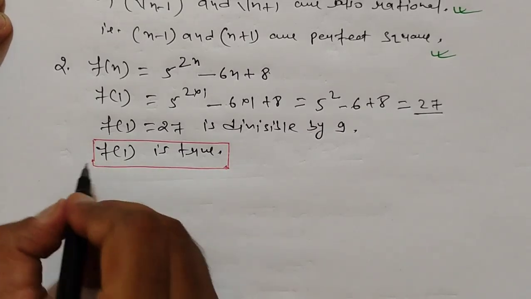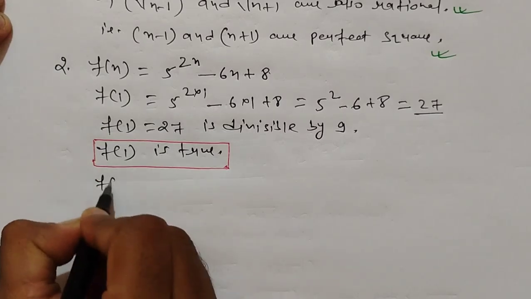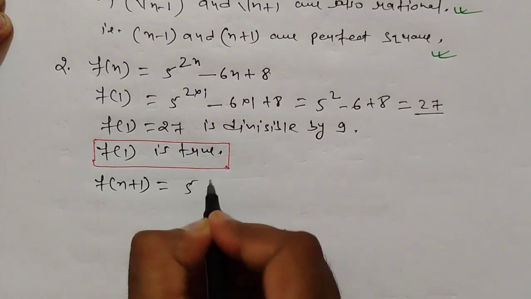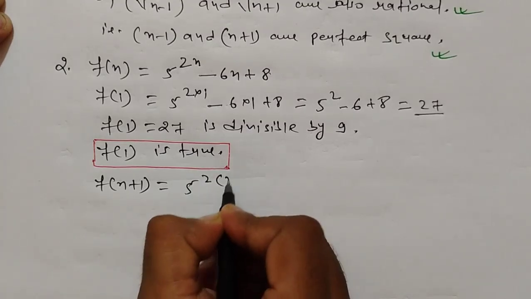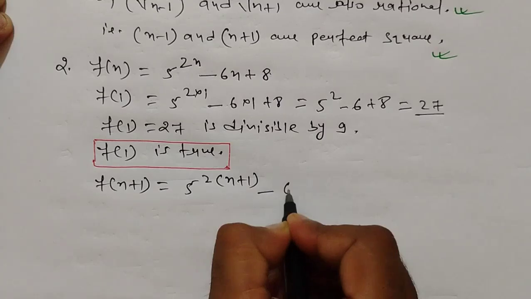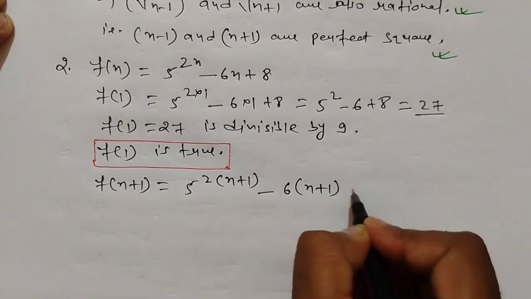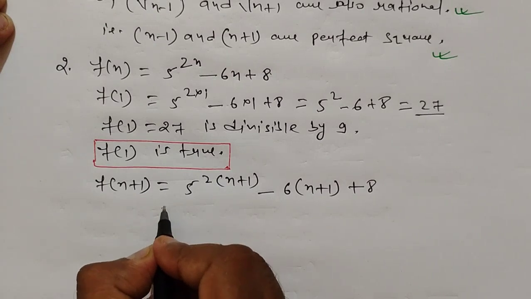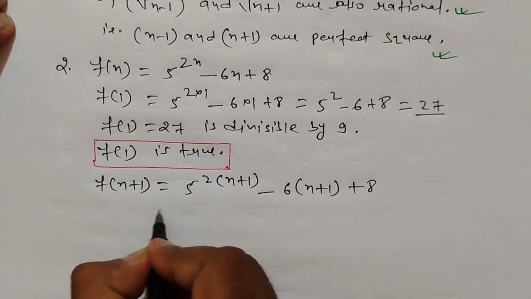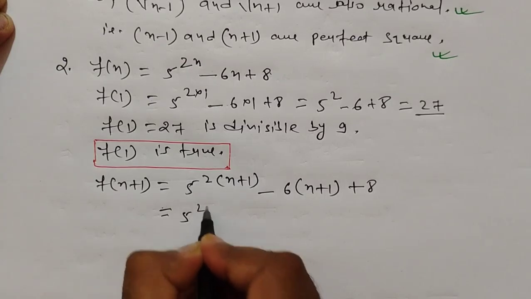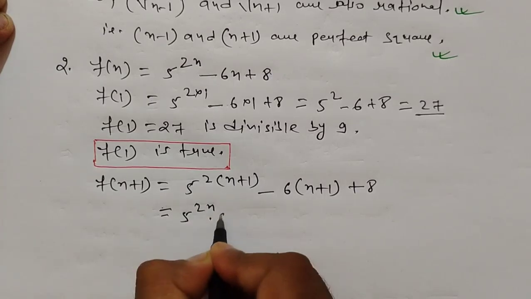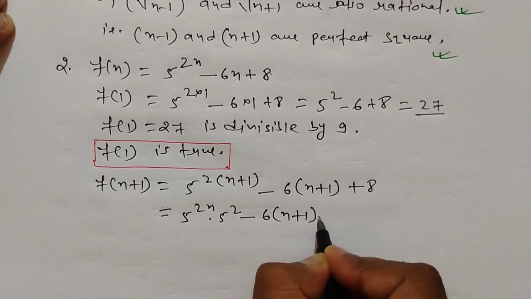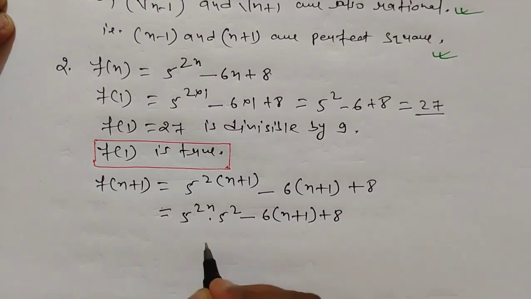Now for the second case, for f of n plus 1, this will be like 5 to the power 2 into n plus 1 minus 6 into n plus 1 plus 8, and this is like 5 to the power 2n into 5 to the power 2 minus 6 of n plus 1 plus 8.